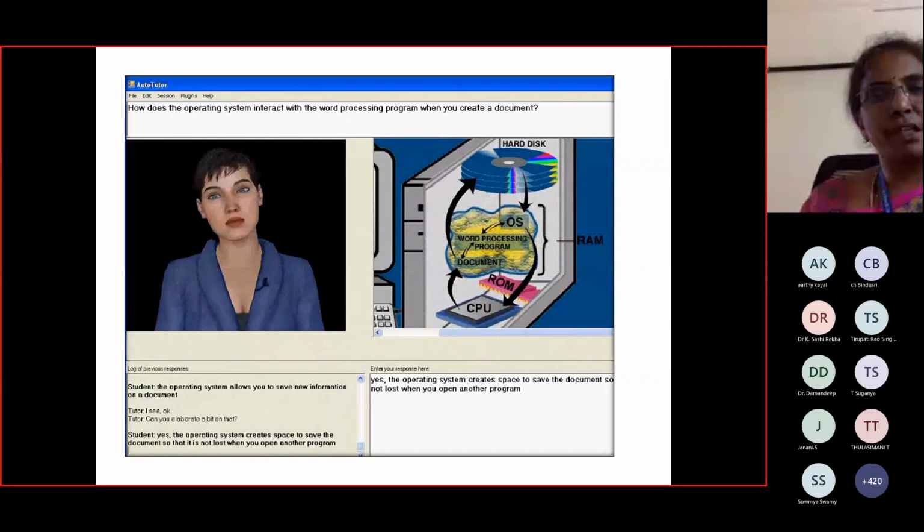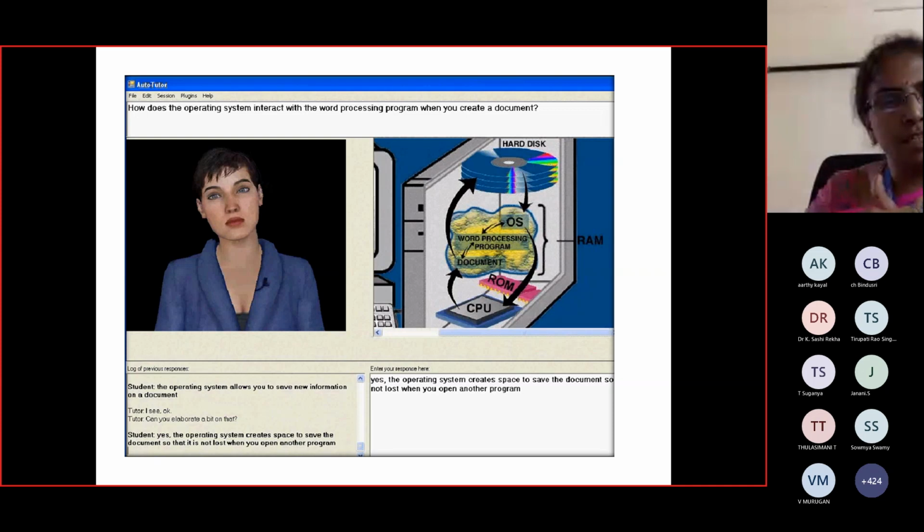The concepts of operating system and word processing are assumed to have been discussed in the class by the teacher. Now we are trying to assess how well the student has understood the concept with the help of this system. You can see in this interface that the student and the system interact through text, so natural language processing is used for interaction between the student and the system. The system has asked a question, and the student has responded with a correct answer, but not a complete answer.